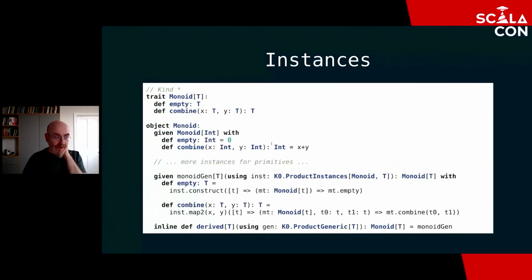And with that in play, this is what the whole of the derivation looks like. So this is our monoid type class. Again, this is the companion of the monoid type class. So we have a manually written instance for a primitive, but then we have the derived method here.